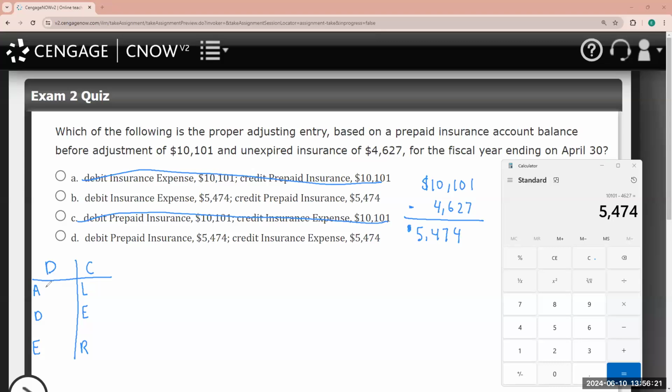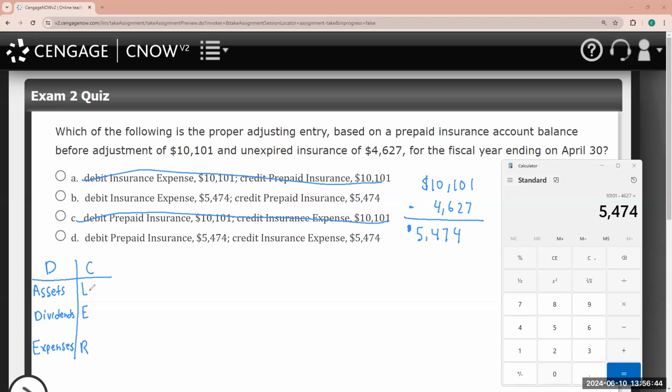So on the D side, the debit side, our assets, our dividends, our expenses, these accounts are increased on the left side. So therefore, if we need to decrease an asset, a dividend, or expense account, we need to do the opposite, which is to credit it.